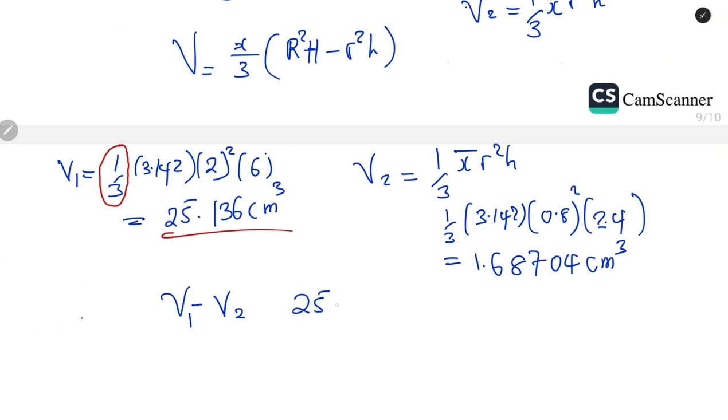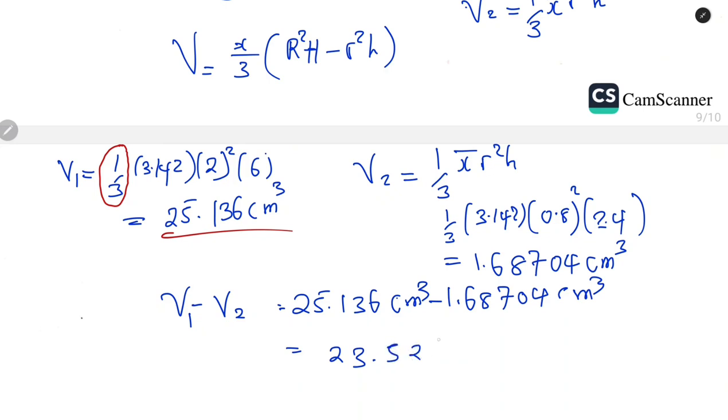So you're going to have 25.136 centimeter cubic minus 1.68704 centimeter cubic, and you are going to have 23.523796 centimeter cubic.